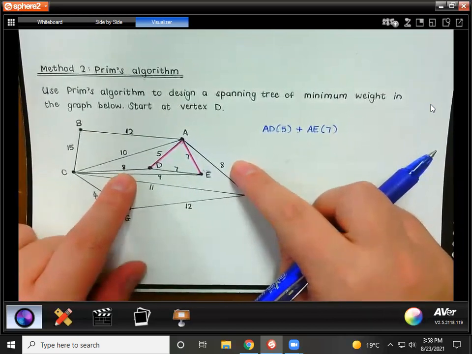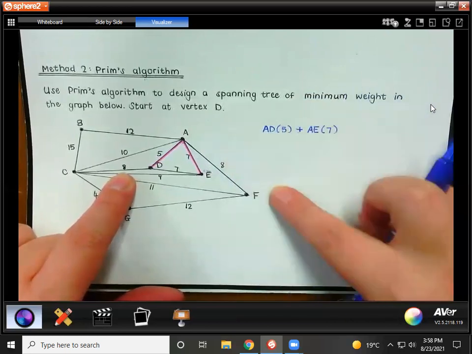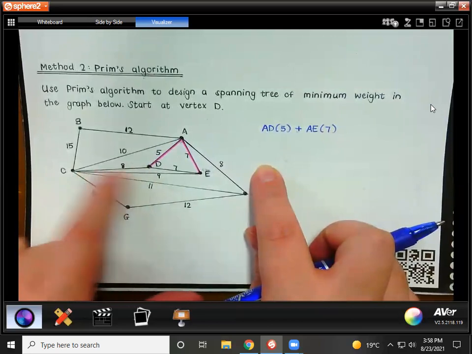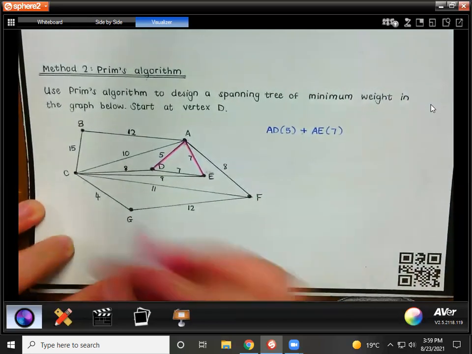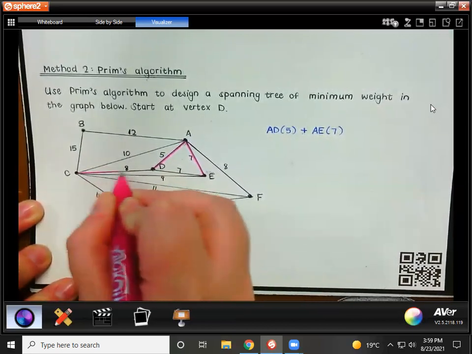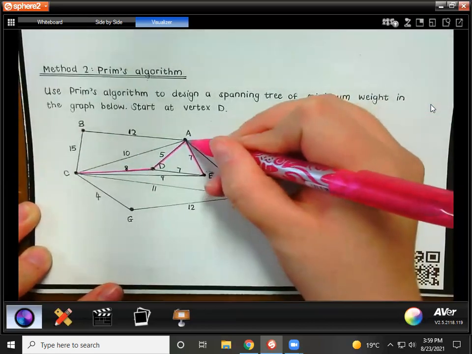Will AF work? If I connect AF, will that create a circuit? No, so I can choose that one. What about CD? Will that create a circuit if I add CD? No, so I can add both of them. So CD and AF.